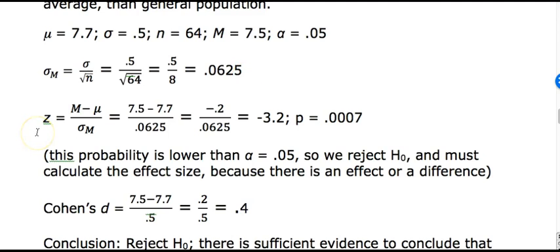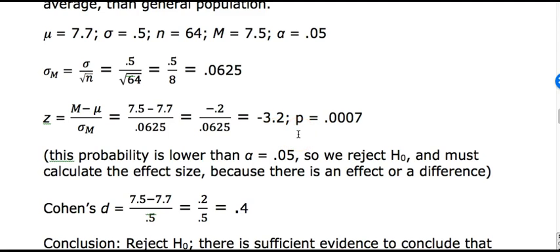Our z statistic is equal to sample mean minus population mean divided by standard error. So 7.5 minus 7.7 divided by 0.0625, which gives us negative 0.2 divided by 0.0625, which gives us a z statistic of negative 3.2.